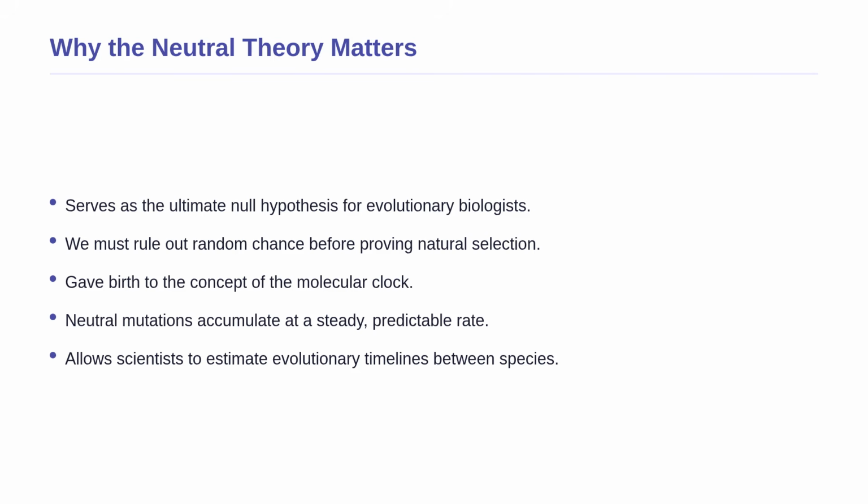Furthermore, this theory gave birth to the concept of the molecular clock. Because neutral mutations accumulate at a steady, predictable rate, we can literally count the genetic differences between a human and a chimpanzee to calculate when our evolutionary paths split. Without this theory, our understanding of evolutionary timelines would be completely broken.